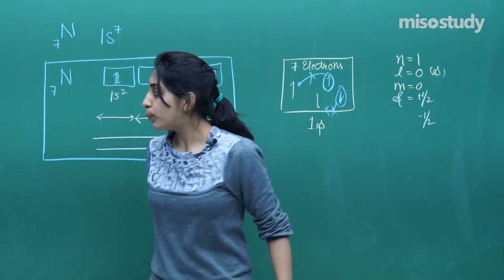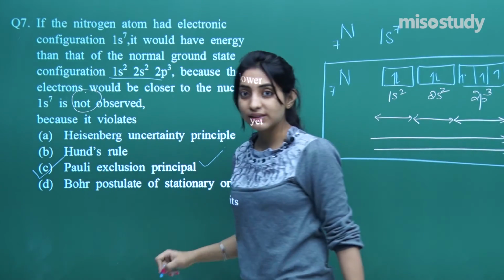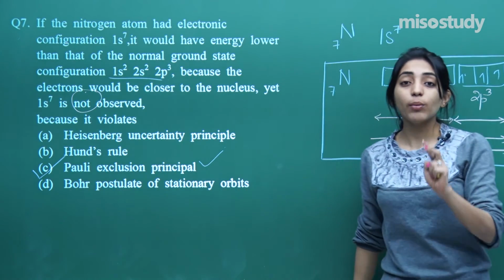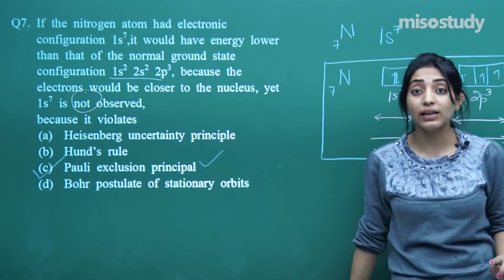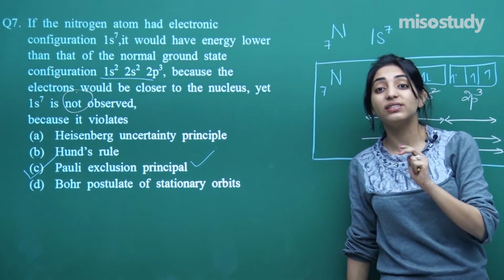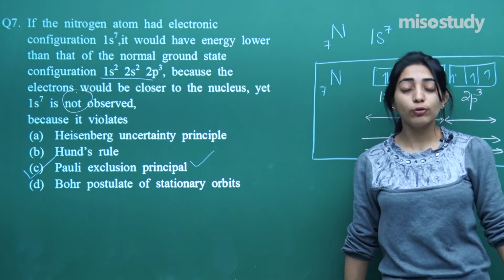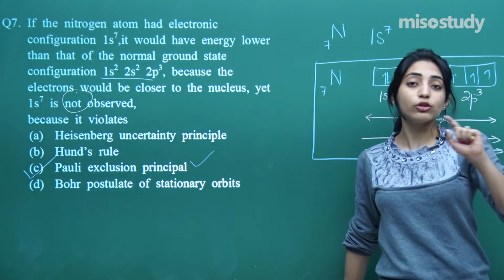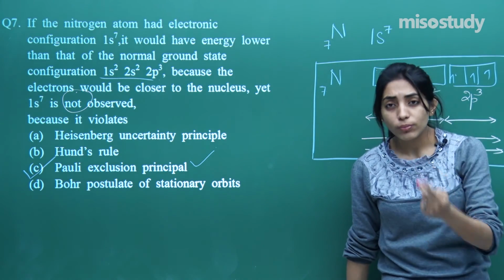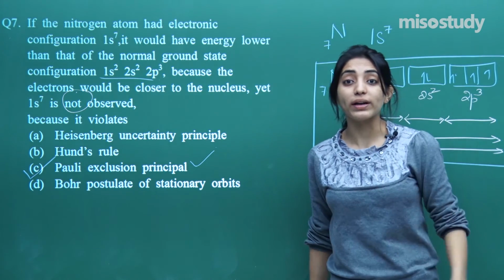Because according to Pauli's exclusion principle that has been marked as option number C, only a maximum of 2 electrons can be kept in an orbital, and both the 2 electrons should be of opposite spin. Also the Pauli's exclusion principle says that there is no possibility that more than 2 electrons can have the same set of all the 4 quantum numbers.